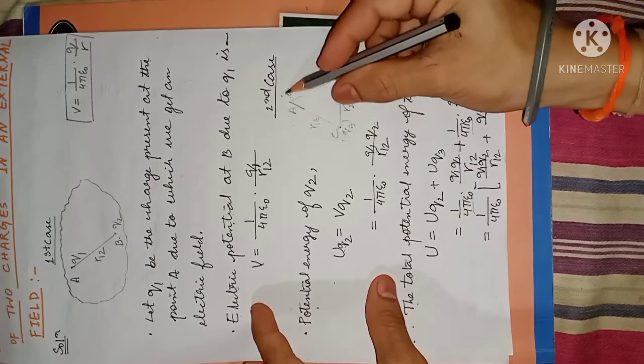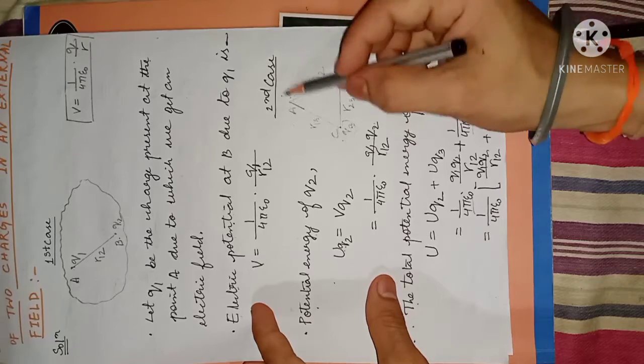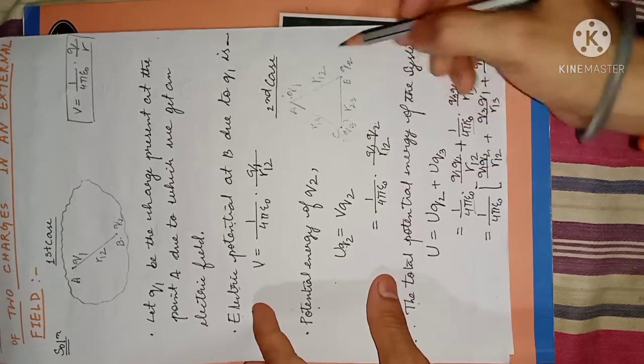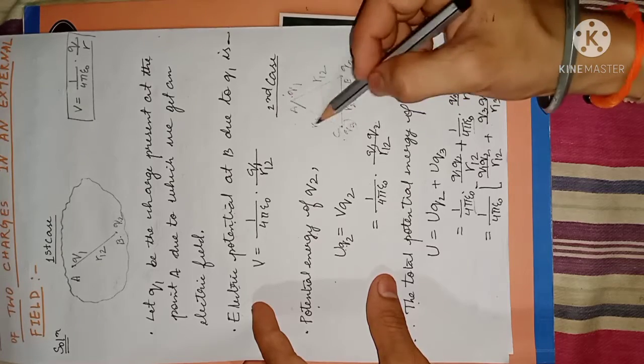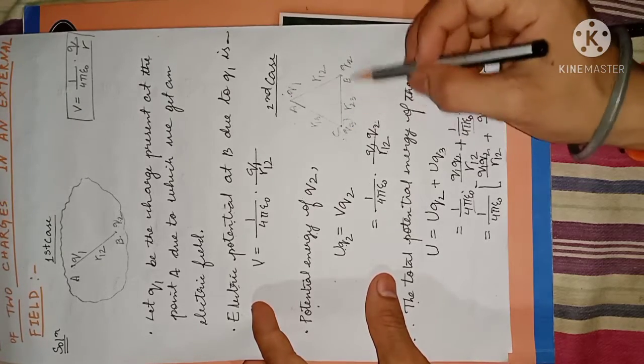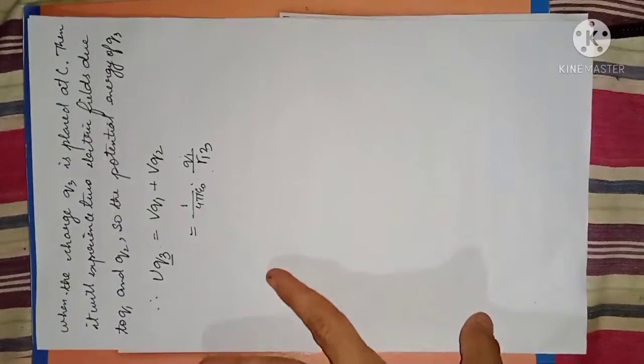So the distance between Q3 and Q1 is R13 and the distance between Q3 and Q2 is R23. So that one only we need to write here.